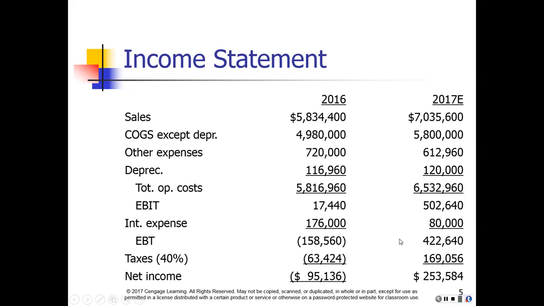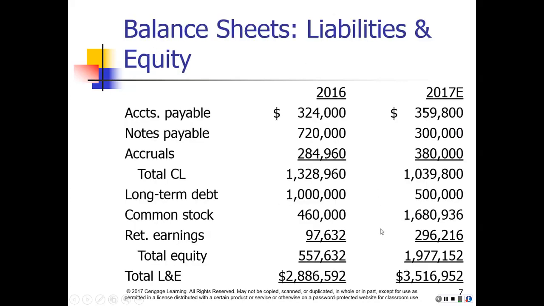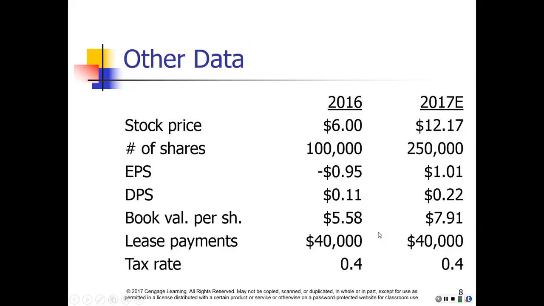Okay. All right. So based on these numbers, we are going to be calculating some ratios. Here's the balance sheet. We already had 2016 numbers, and now we have 2017 expected or anticipated values. The other side of the balance sheet, liabilities and equities. So we're going to be using these numbers to calculate some ratios.